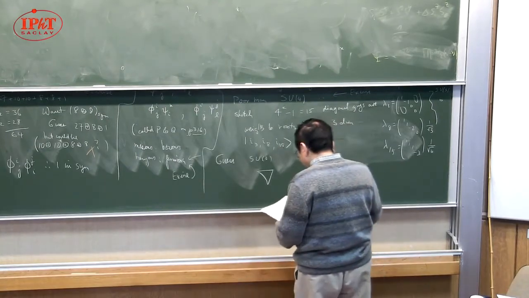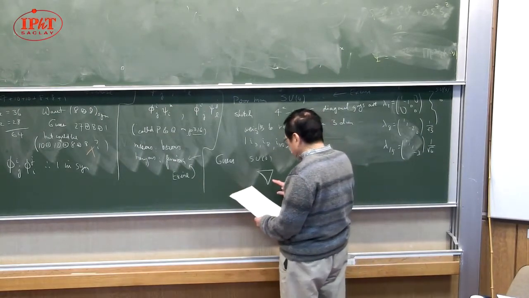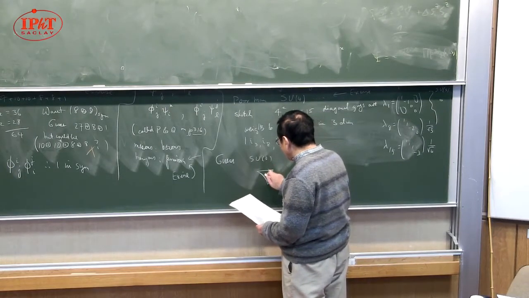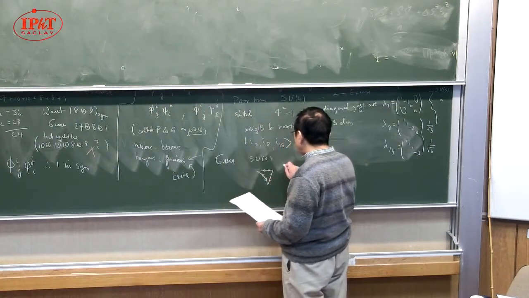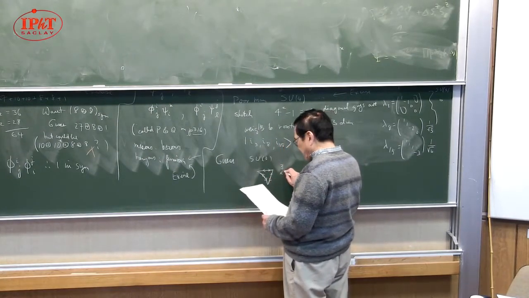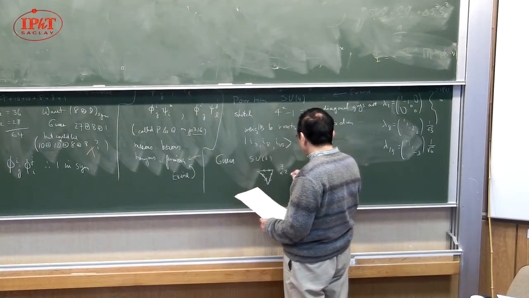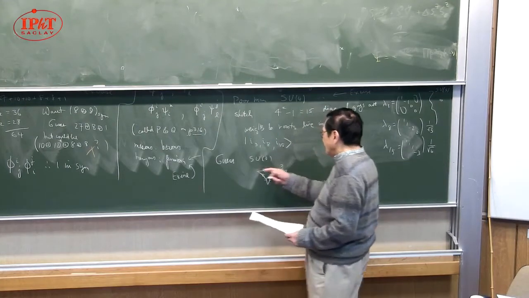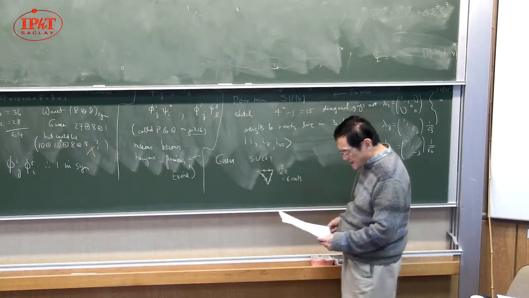And those are the 3 quarks. And we can see that the triangle has 3 sides, right? But you have to multiply by 2 to get the 6 roots, because the roots can go both ways.